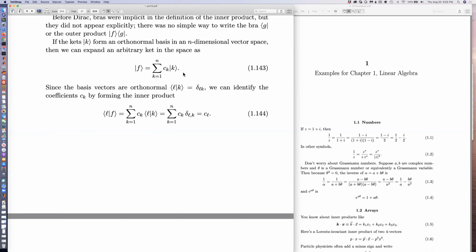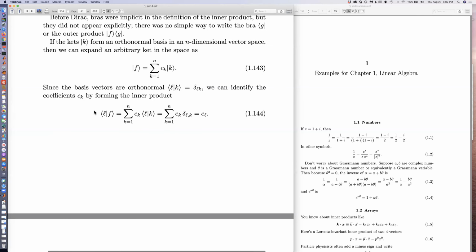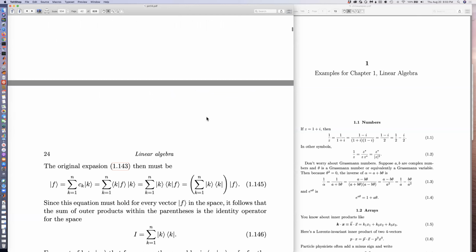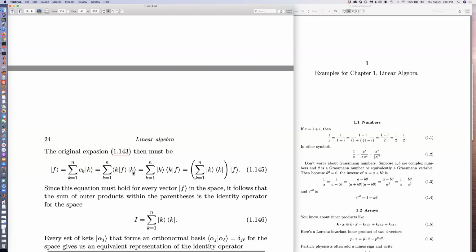Since the basis vectors are orthonormal, we can identify these coefficients by just taking the inner product of the ket F with the bra L. And bingo, we see that's nothing more than C sub L. So the original expression then is F is the sum of C K K, and that's bra K, ket F, ket K.